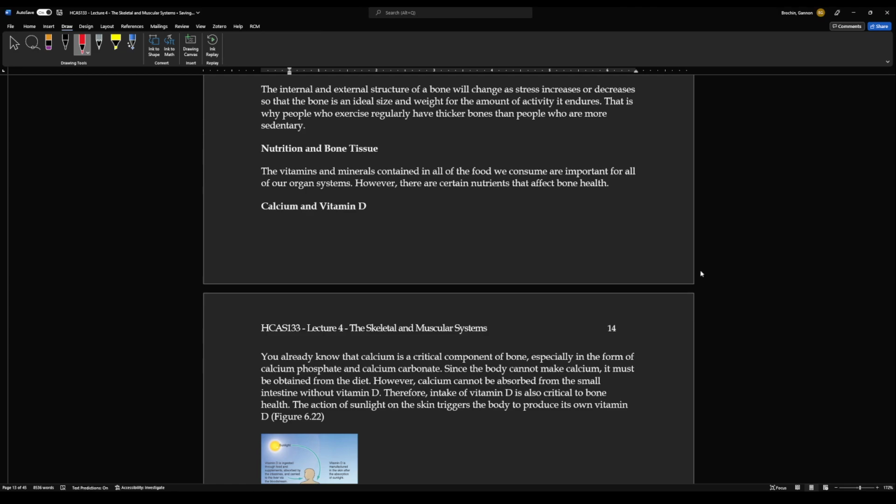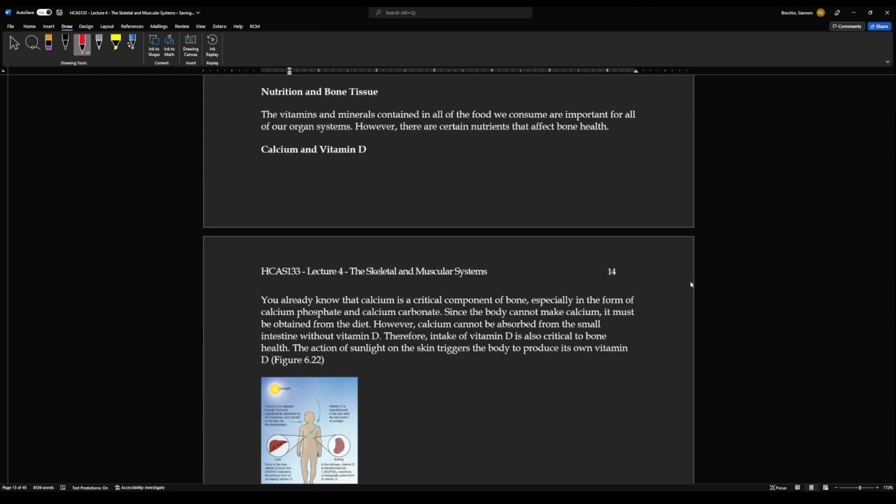Nutrition, incredibly important. Two big things to talk about with nutrition are calcium and vitamin D's relationship. Vitamin D is one of the fat-soluble vitamins, along with A, E, and K. We can synthesize our own vitamin D, and we can also get it from food sources.